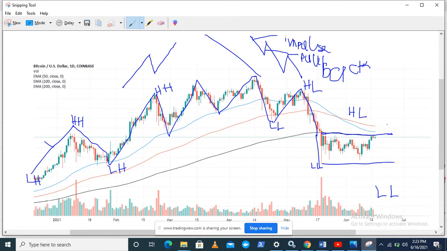Where the market will break through cannot be ascertained at the moment. You can only wait and let the market play out. It could be to the upside or to the downside. At the moment, no one knows. That's why it's called consolidation: no clear direction until there's a breakout.